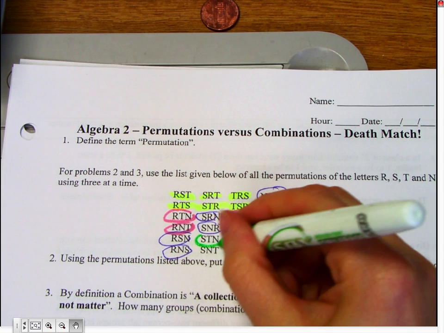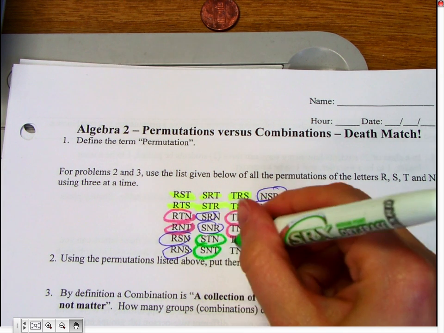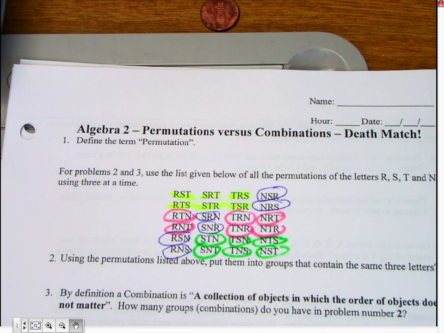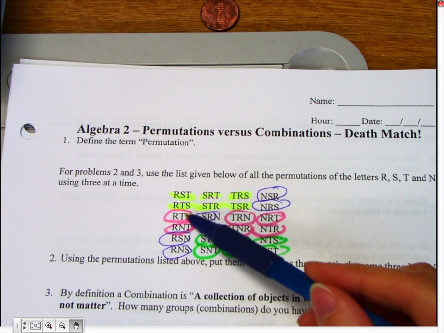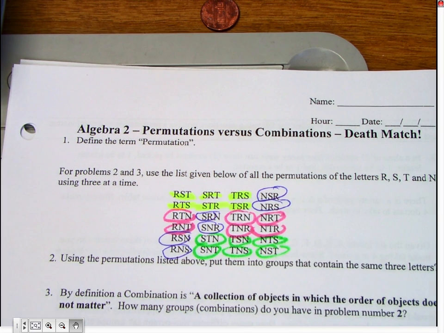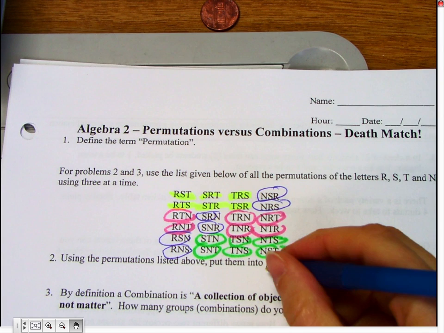Wait, hold on, go back. Before we circled them, how many different ones were there? Just count. 1, 2, 3, 4, 5, 6, 7. How many are there? 24.